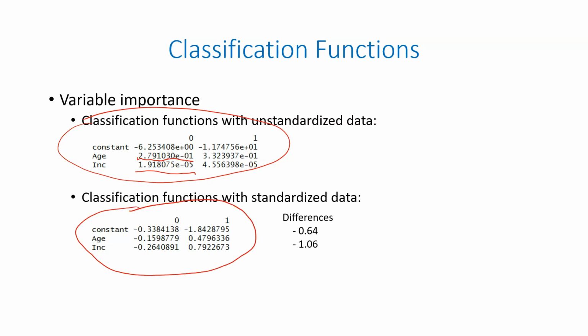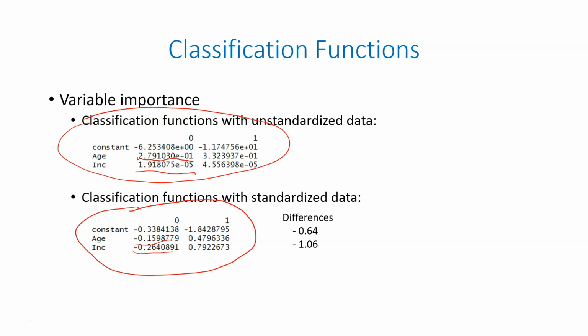As you can see here, now the differences between the coefficients for age and income are no longer very large, because both measures are of the same scale now.